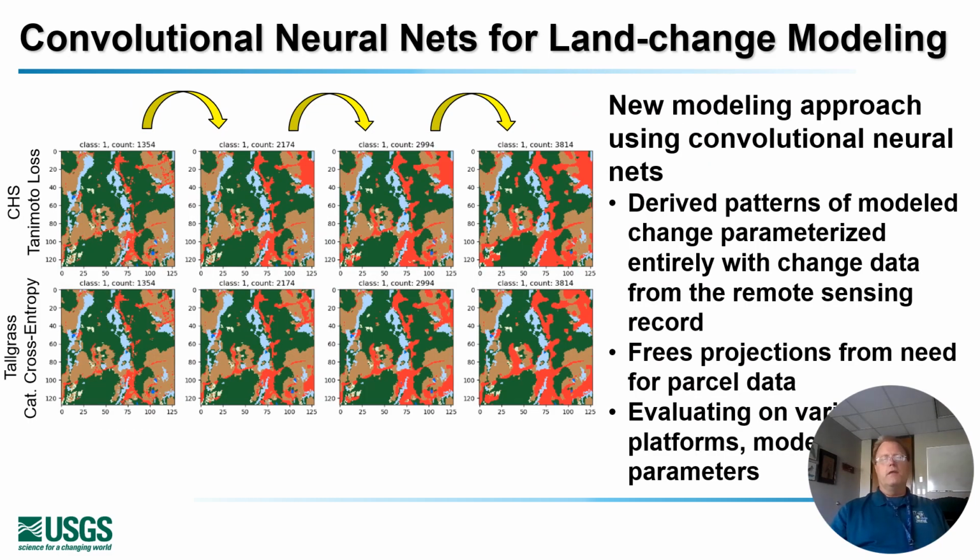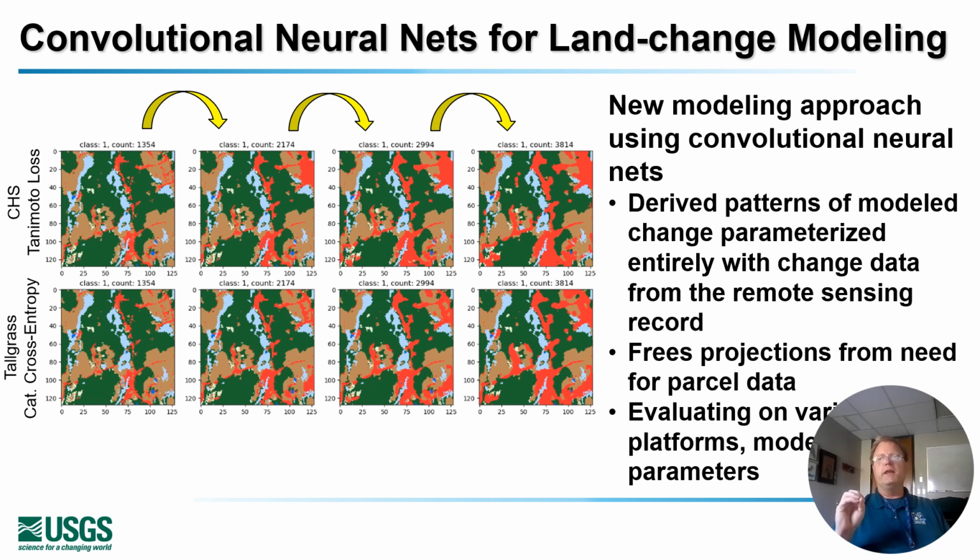We're currently looking at convolutional neural nets too for a totally new approach from the land change modeling perspective. So instead of a demand allocation module approach that also uses parcels, we're looking at CNNs to do the whole shebang. Basically, to take historical data from the entire Landsat-based remote sensing archive, use that as input to a convolutional neural net, and use that to drive the quantity of change and the spatial allocation of change.